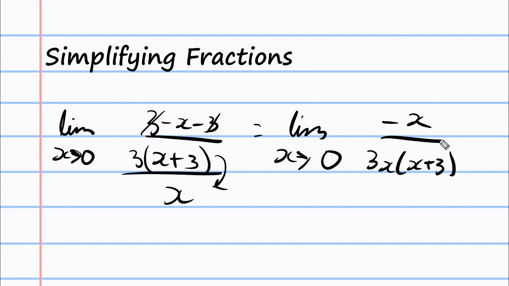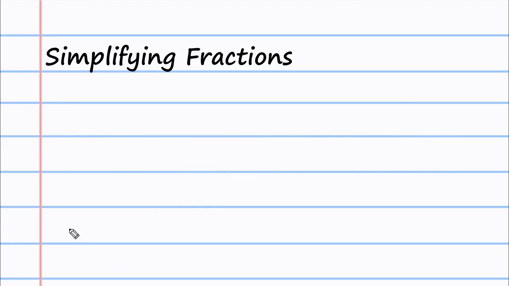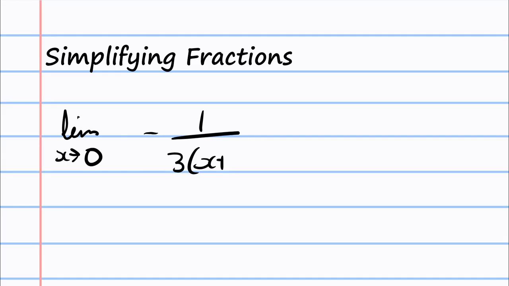Now you solve the limit from here on. You think you got the answer? All you have to do is cross out the x's. So you now get the limit as x approaches 0 of negative 1 divided by 3 times x plus 3.